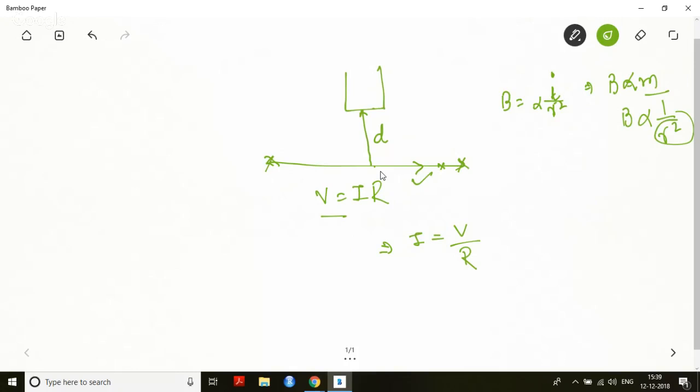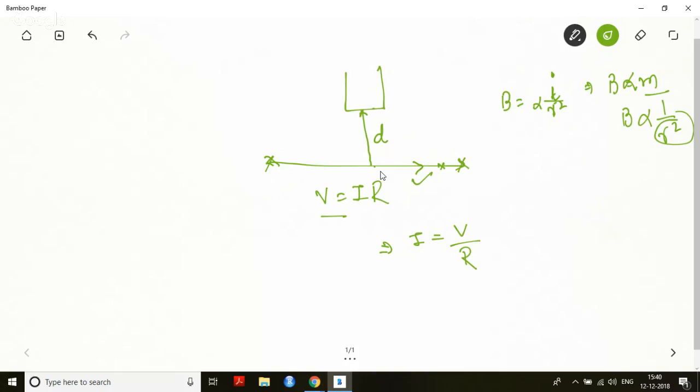I'm again saying it, any particular object will always resist change in it. What is the change? Change is development of EMF across its two sides, and due to development of EMF, a current flows. But the nature of the current would be such that it will start opposing the magnetic field due to which this current is getting created.